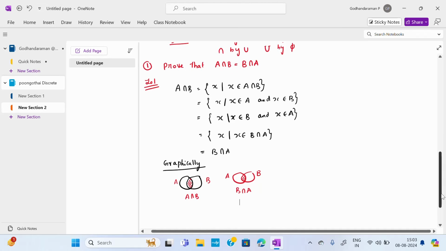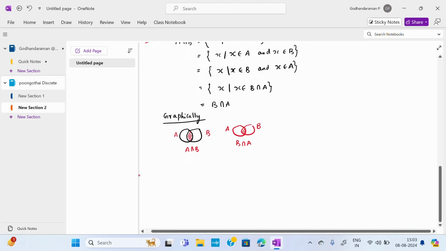Second question. Prove that A intersection B, the whole bar, equal to A bar union B bar.